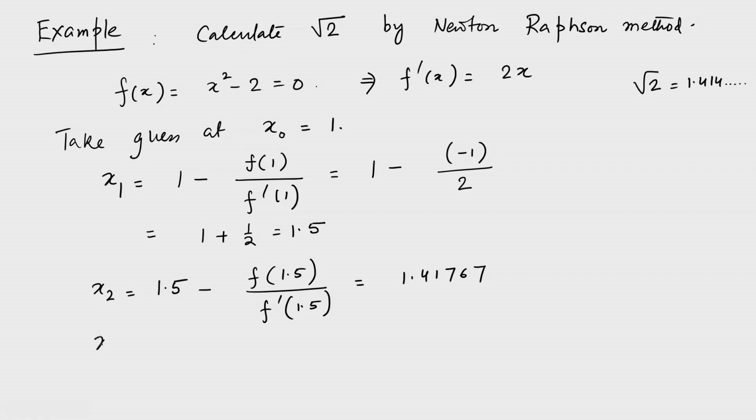Similarly, if you iterate, your x 3 becomes equal to 1.41. Please check these numbers as you practice this. Doing it again, it is 1.414214, and it is pretty much accurate till 6 decimal places. So, we can take this x 4 to be the root.